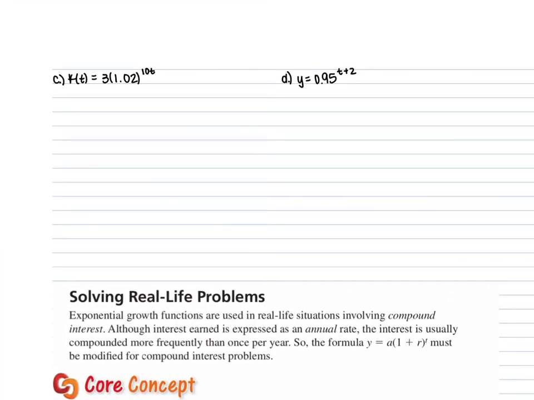For example C, we have f of t is equal to 3 times 1.02 to the power of 10t. So that number that's inside the parentheses that's being raised to your time is that 1.02. 1.02 is greater than 1, so this one is a growth.